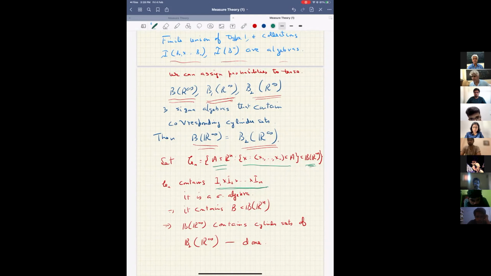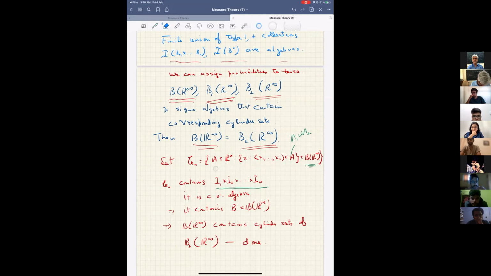Similarly, if A1, A2, and so on are in Cn, then the union is also going to be in Cn. It's not a difficult exercise at all. These are all the cylinder sets corresponding to A1 and A2. The union of those two cylinder sets is going to be the set corresponding to A1 union A2 here. And a countable union will just have a countable union there.